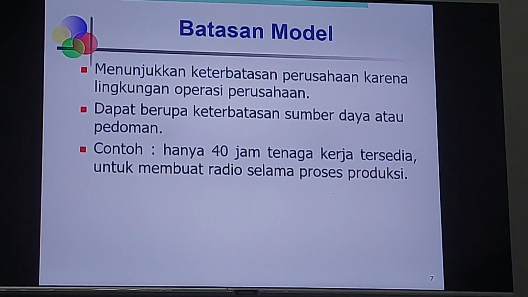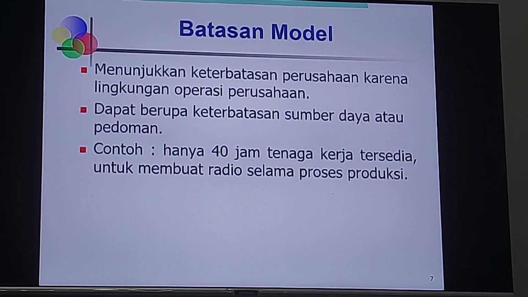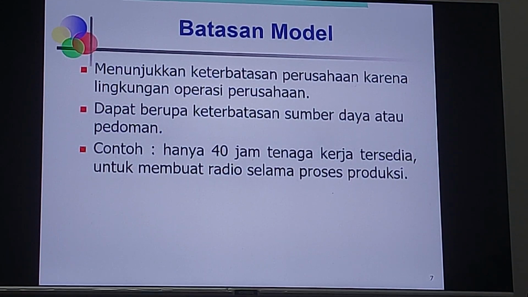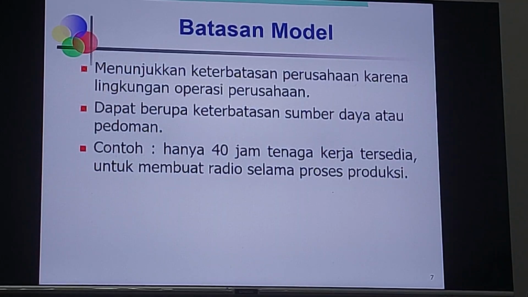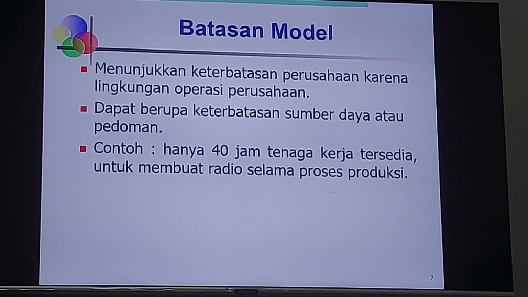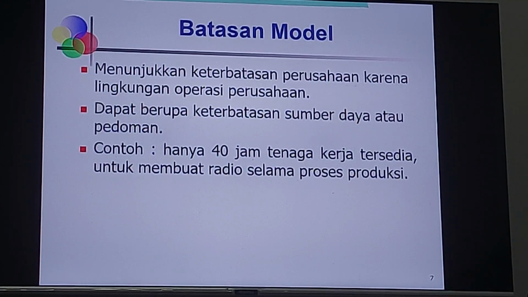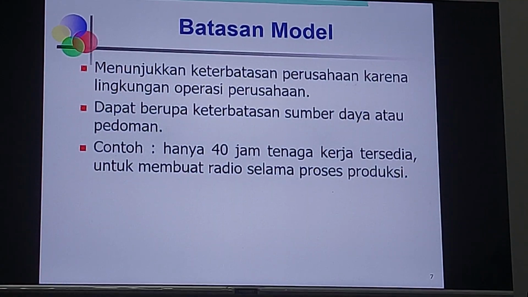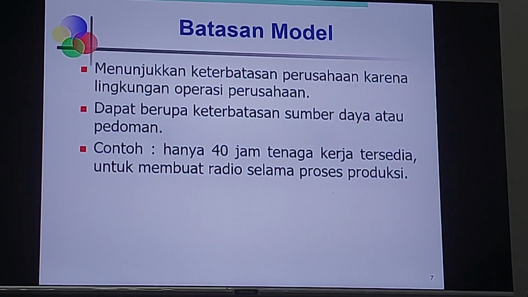Around 8, one shift. Normally 8, with 1 hour of rest for praying and lunch. So maybe 7 actually, and 7 will be reduced by the people who are not really working, smoking or drinking coffee somewhere in the factory. That also happens. If they are not assigned to work, they will go somewhere to rest.